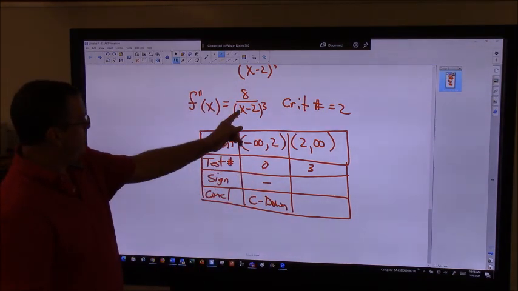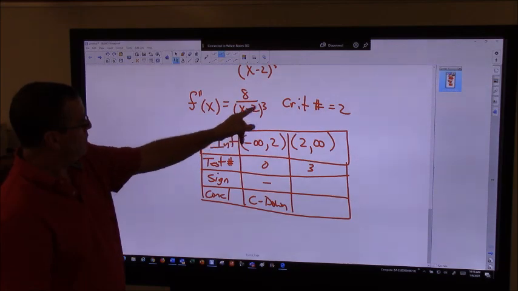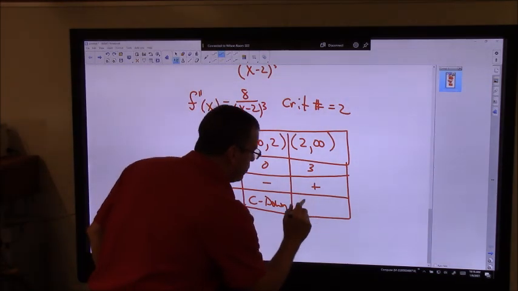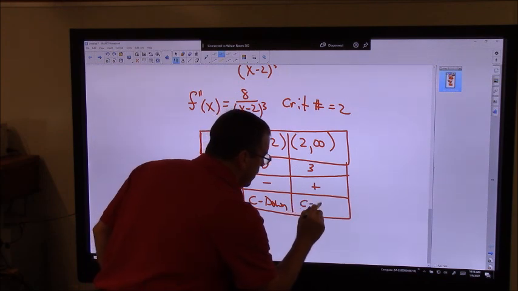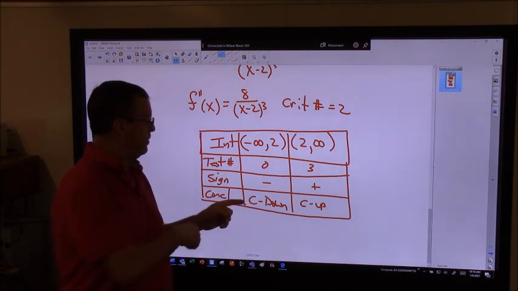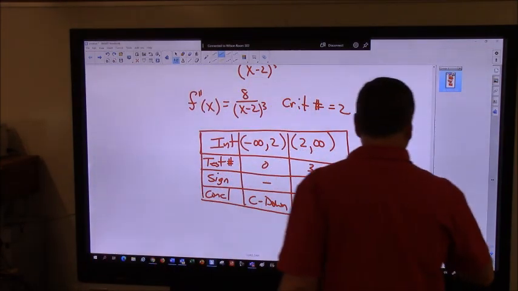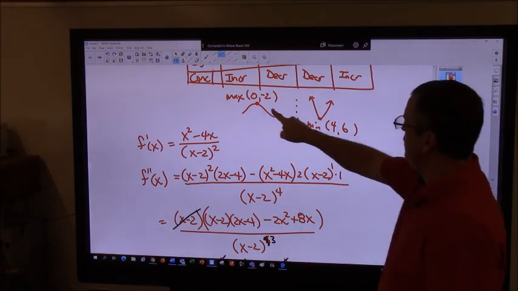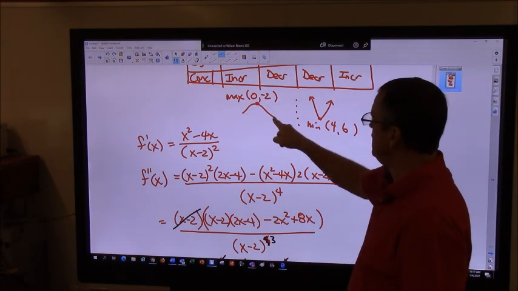If I plug in a 3, I get a positive 1 here. 1 raised to the third power is 1. 8 divided by 1, that's a positive number, so here we are concave up. And I think that makes sense because on the previous test, the first derivative test, we saw that we had a relative maximum, so we're concave down.